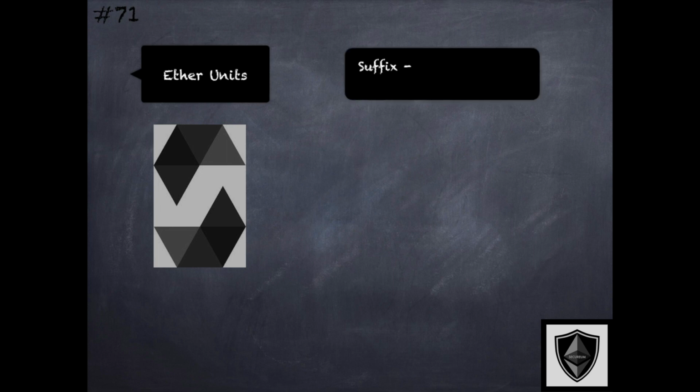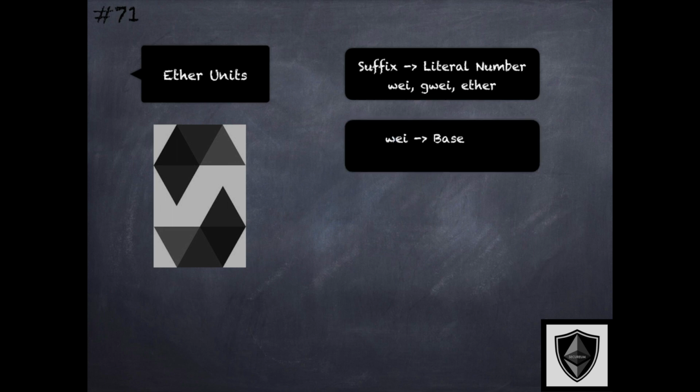In the case of Solidity types, a literal number can be given a suffix of wei, gwei, a gigawei, which is 10 power 9 Wei, or ether, which is really 10 power 18 Wei.